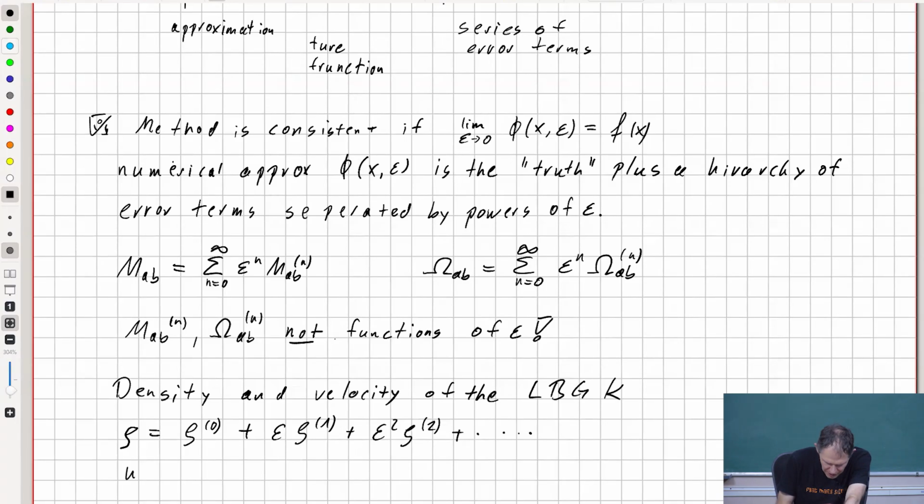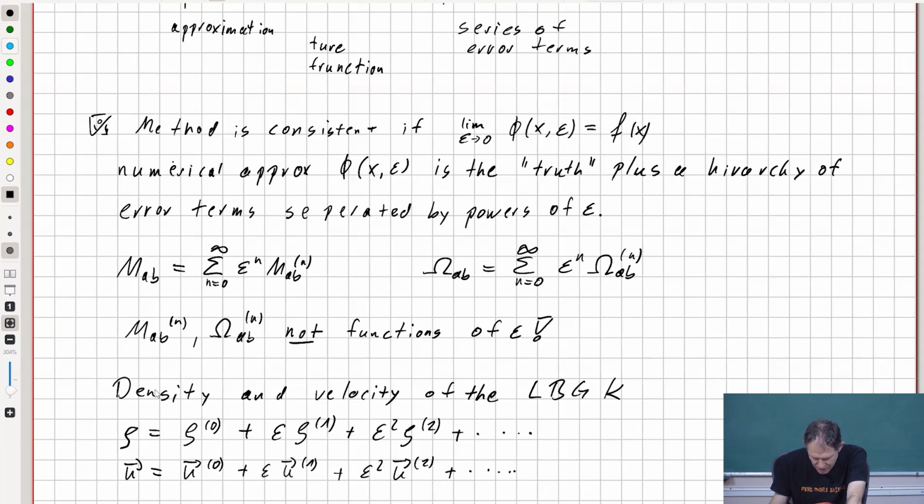Equally, we have a velocity. What we have here on the left-hand side is the thing that we can measure. The things on the right-hand side, we cannot measure. We only know what comes out. We don't know what is the solution and what is the error. We only know the sum altogether. So this is u to the zero order plus epsilon times u to the first order and epsilon squared times u to the second order plus dot, dot, dot.